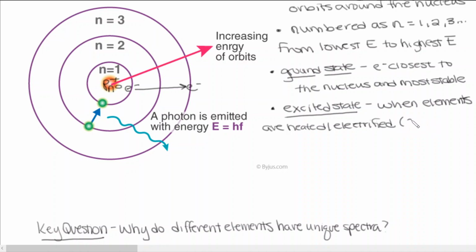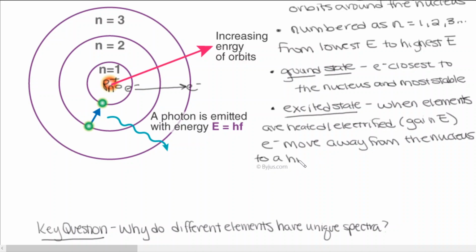In other words, when they gain energy, electrons move away from the nucleus to a higher energy level.